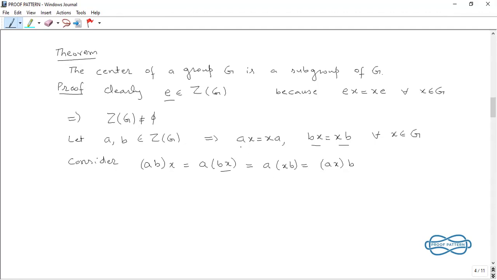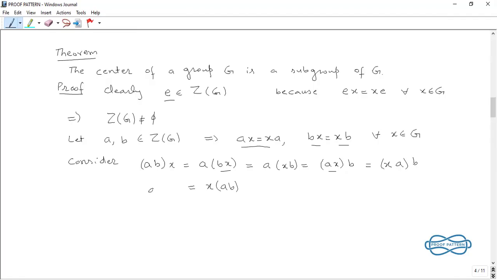And from this equality, we know that this ax is actually equal to xa. And this can be written as x into ab.